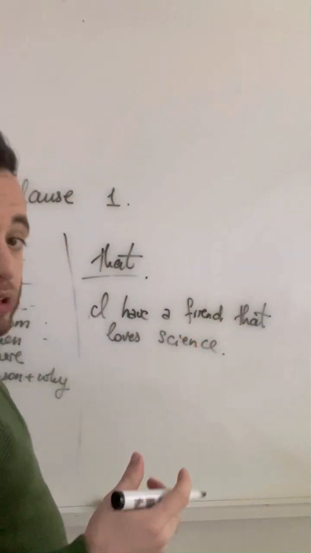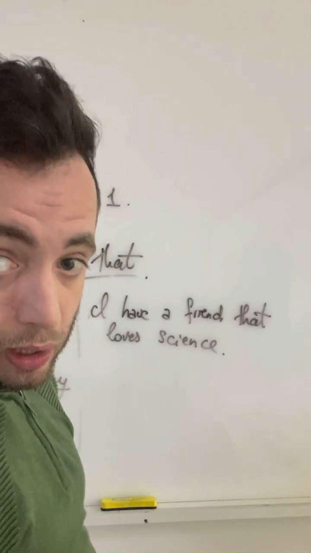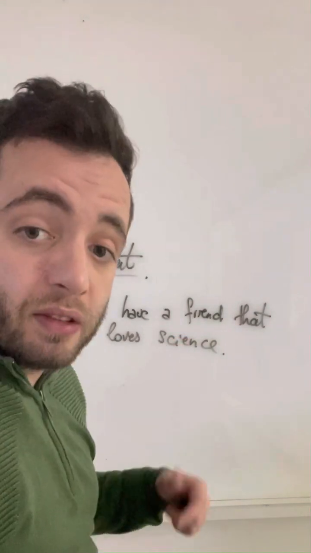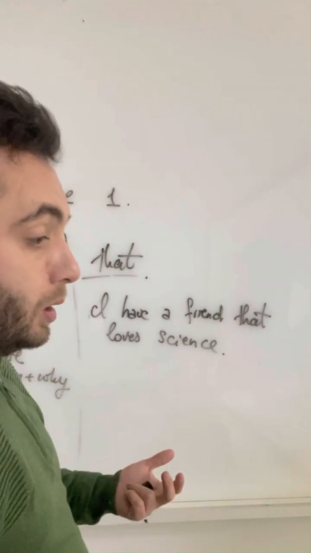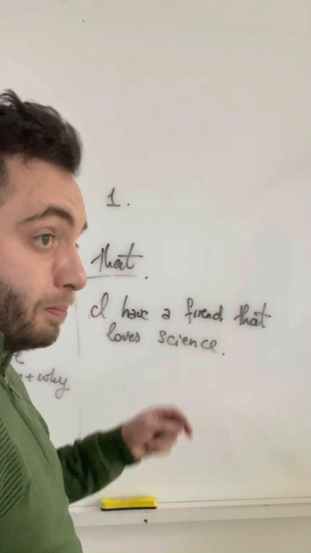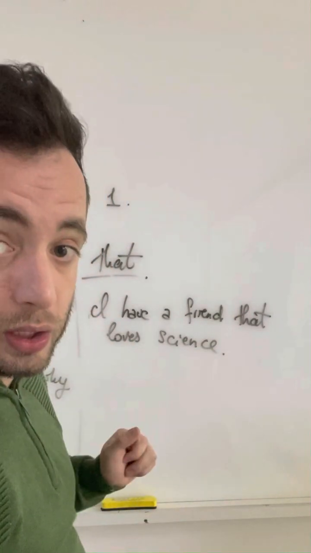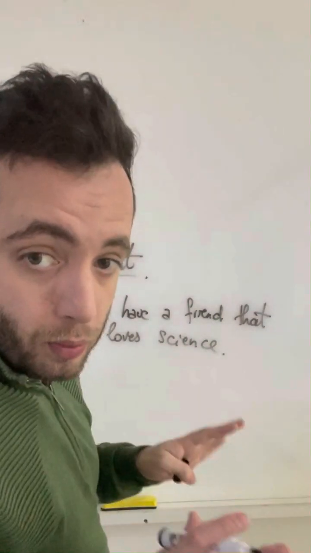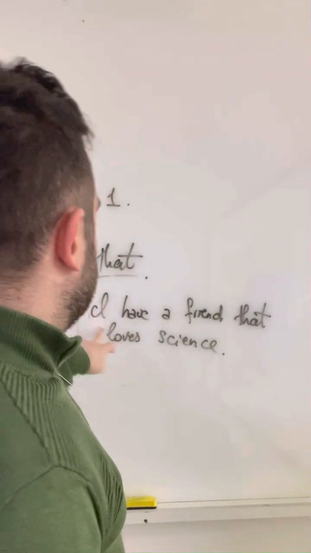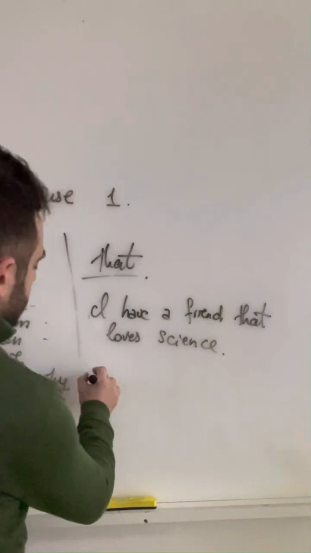But later we'll also learn one more fact: in what structure we can use that, and when we cannot use that. So that cannot be used as a replacement for who or which. So we will learn that situation too, when we cannot do this. But now we can do it. It's a general approach first. I have a friend that loves science. And one more sentence.